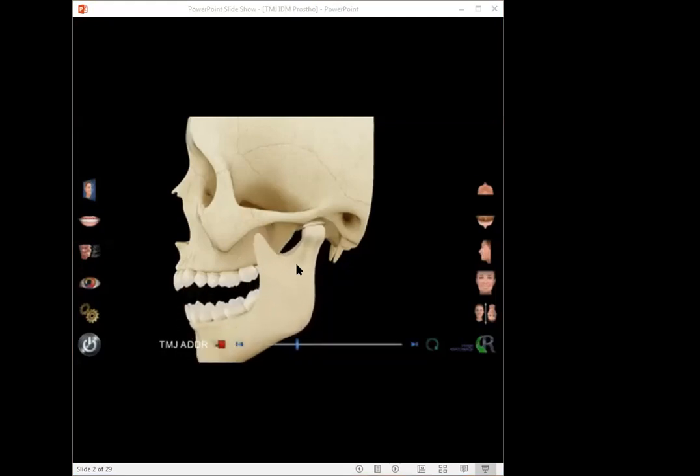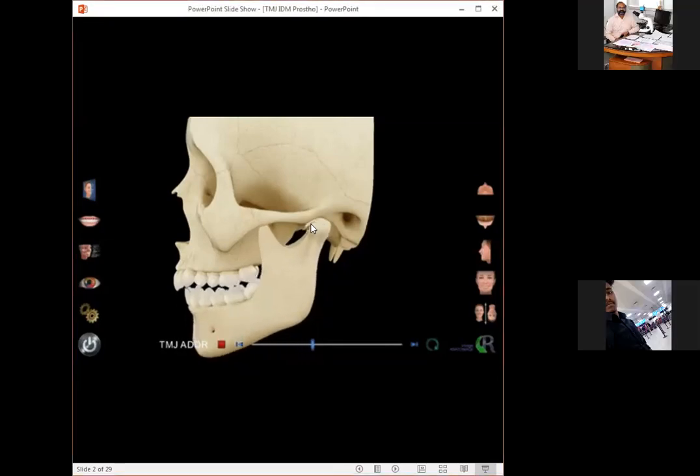So this is nothing but a snapshot of how the mandible moves, because last week I told you about various movements of the mandible that are possible with the help of the muscles of mastication.